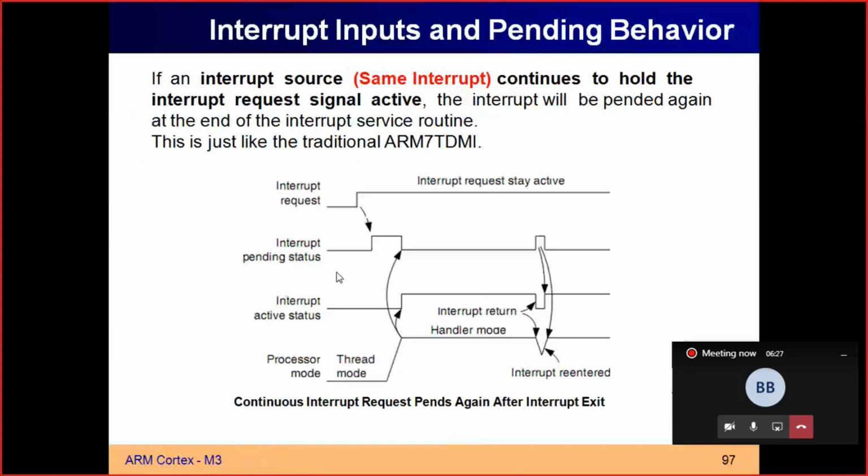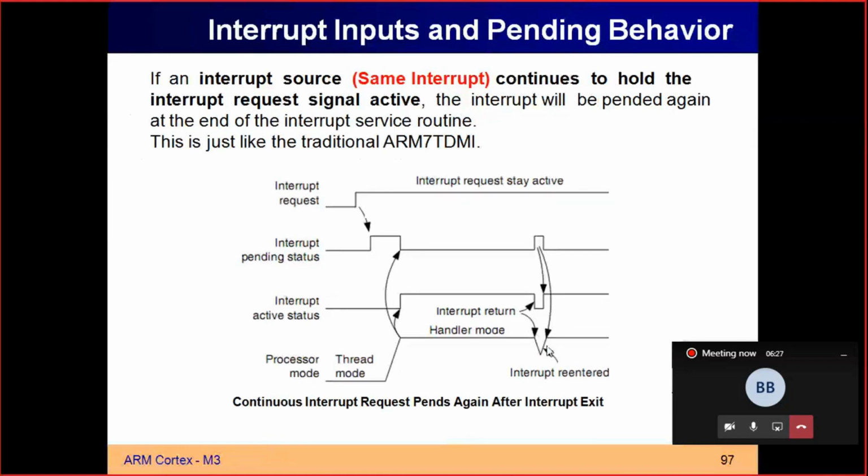Initially, as you told, the interrupt pending status bit will be set. Then the ISR will start. Whenever the ISR is starting, the interrupt active status bit will be high. So the ISR will keep on executing until this point of time. After this, again, since the interrupt request is high, it will be taken as a new interrupt.